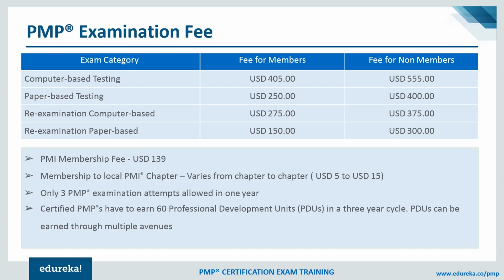If you take the PMI membership first and then go for the PMP examination application, you need to shell out $139 for the PMI membership, and when you apply as a member, the fee will be $405. It comes to $544, so it doesn't make much of a difference. You'll be saving only $11, but you'll be getting huge benefits when you become a PMI member.